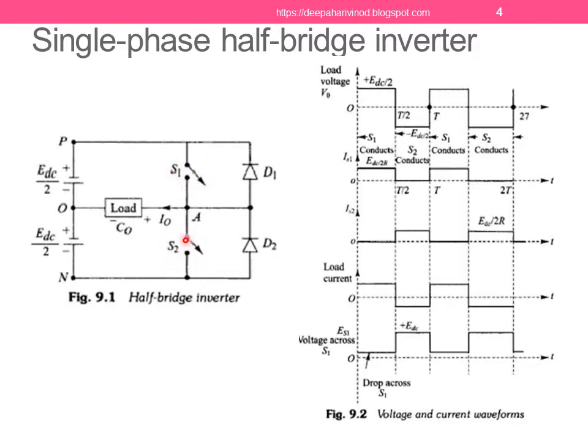When the switch is closed, it conducts and current flows in the direction of the arrow.